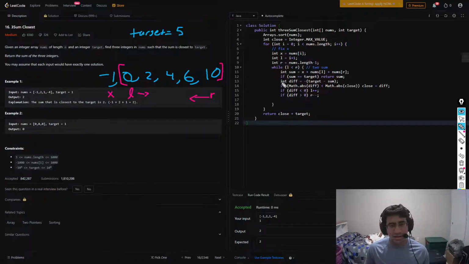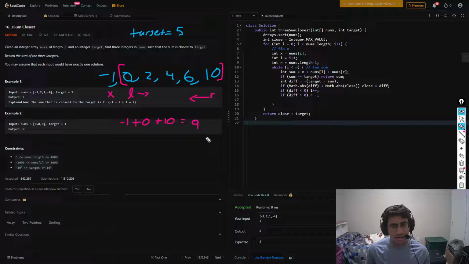Instead, we would say that the difference is equal to the target minus sum. So what does that mean? So let's say, for example, we initialized x to be 0, L to be 1, and R to be 5, right? The indexes. And we said negative 1 plus 0 plus 10 equals 9.